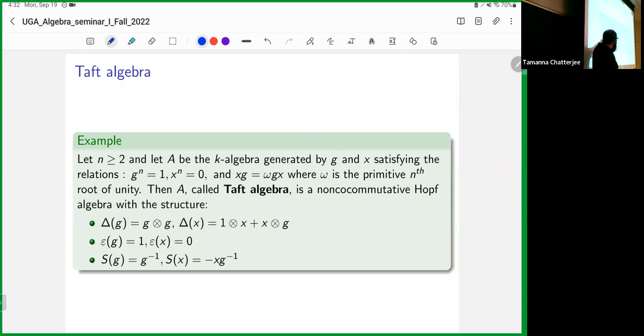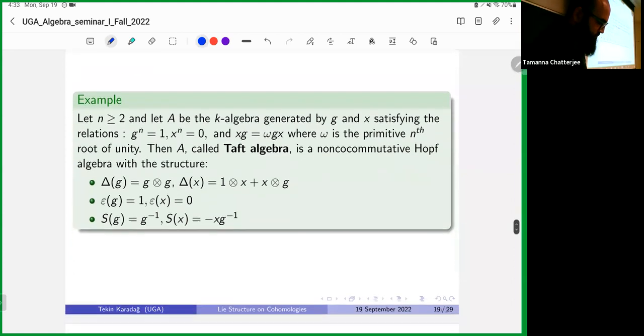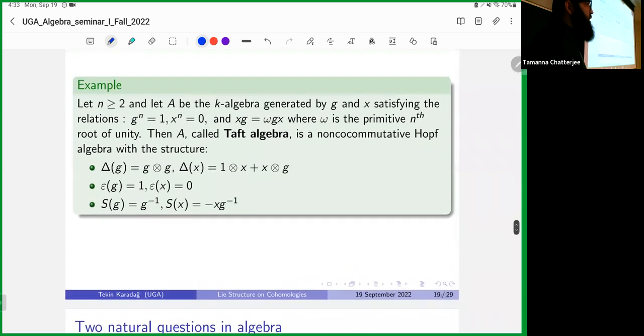If we define comultiplication, counit and antipode, then it makes the Taft algebra a Hopf algebra. And as you see, it is not commutative and not cocommutative.